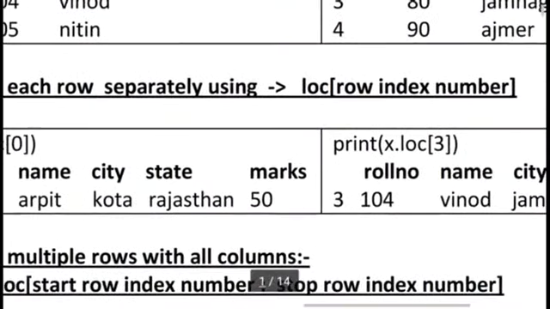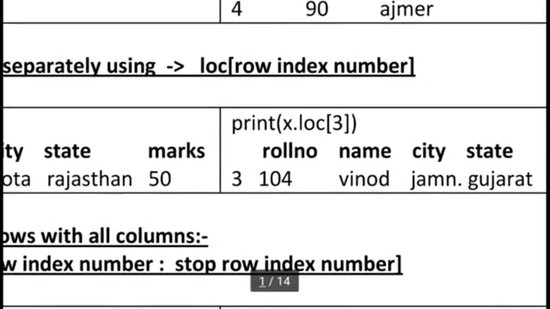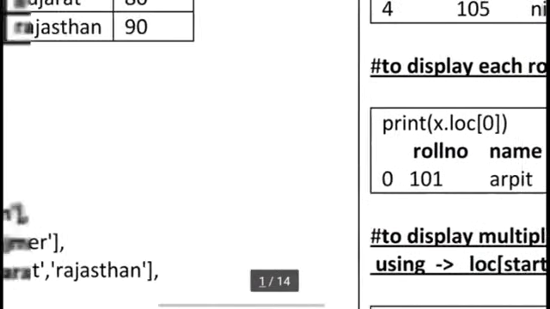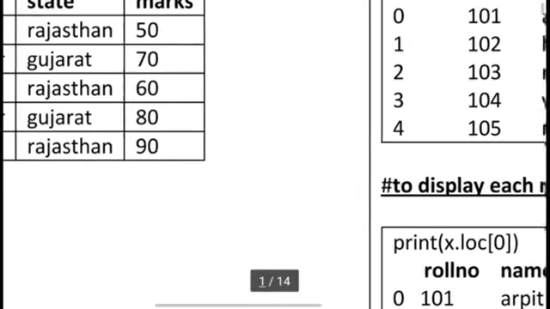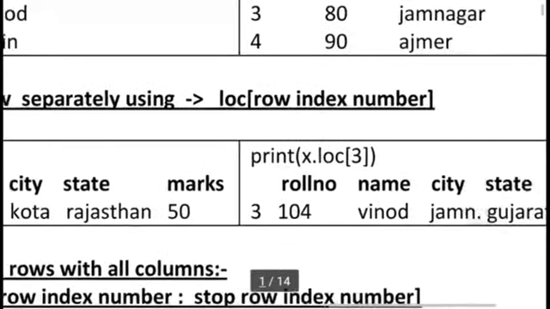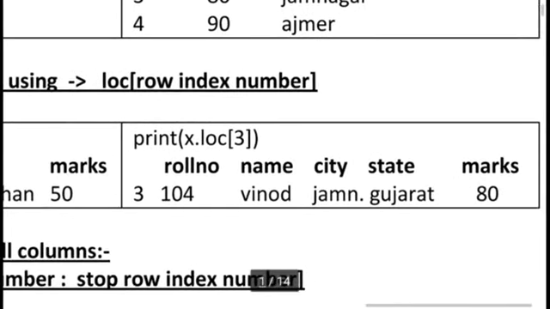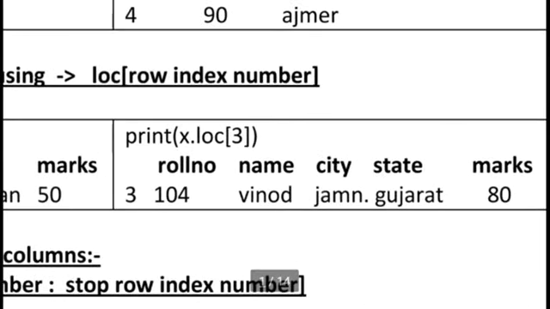Suppose I want to display the third row, so x dot loc 3. Then exactly the third index position data, 104 Vinod, Jamnagar, Gujarat, 80, will display. So always keep in mind, we use loc to display each row, but we can do multiple things using loc.